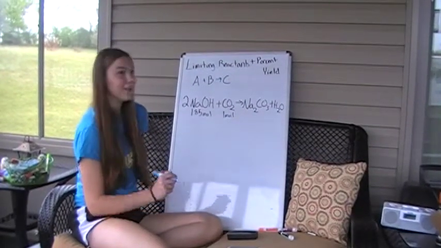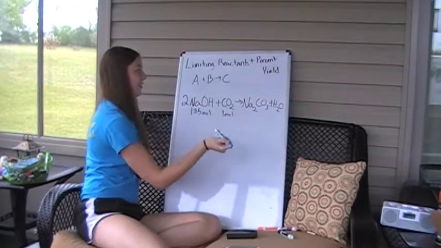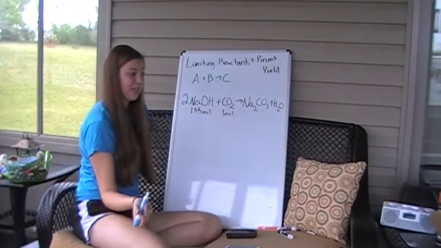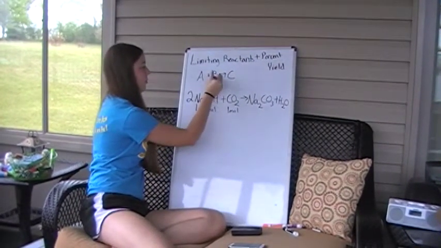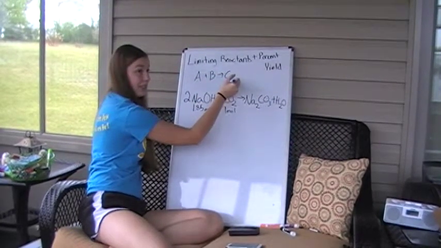Okay, so my video is on limiting reactants and percent yield. To find which reactant is your limiting reactant, you have to convert the moles of both your reactants to one of your products.